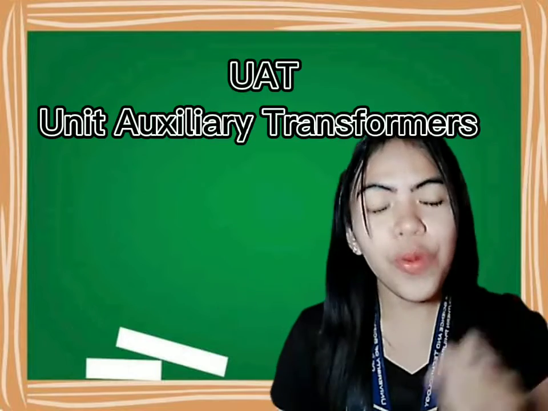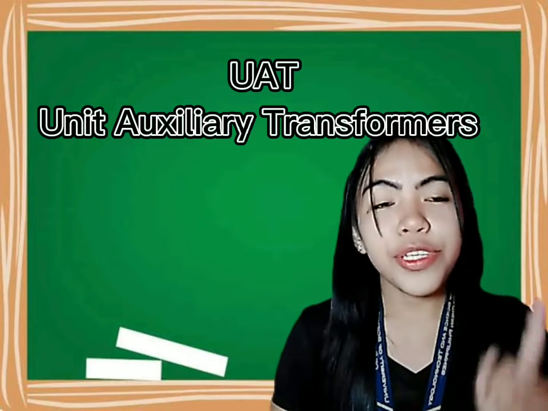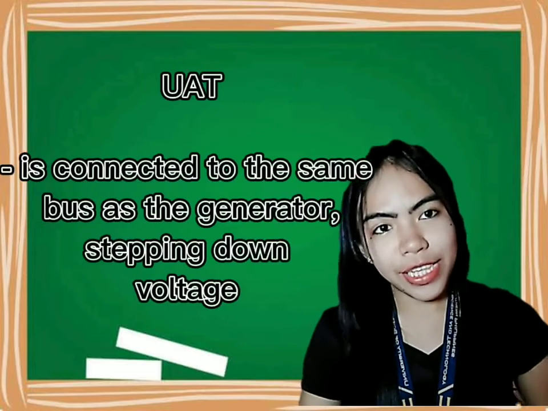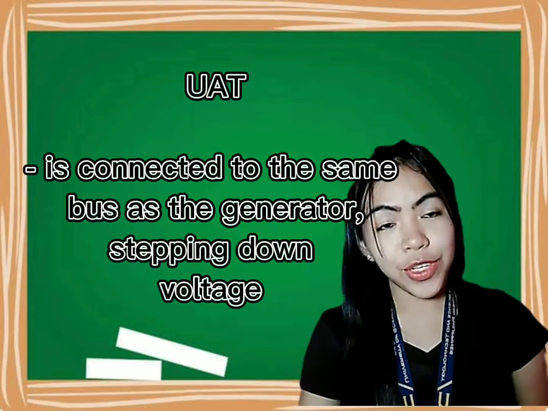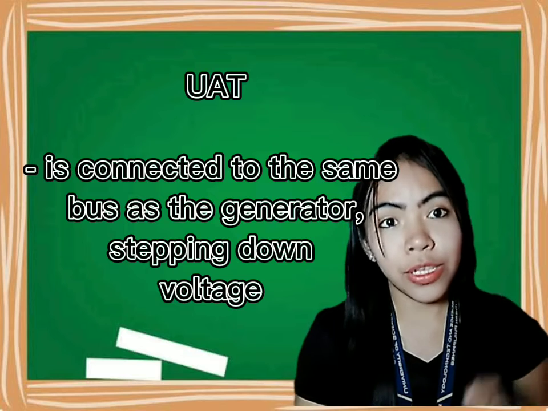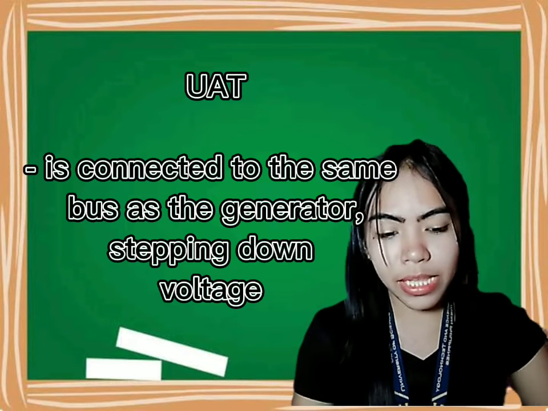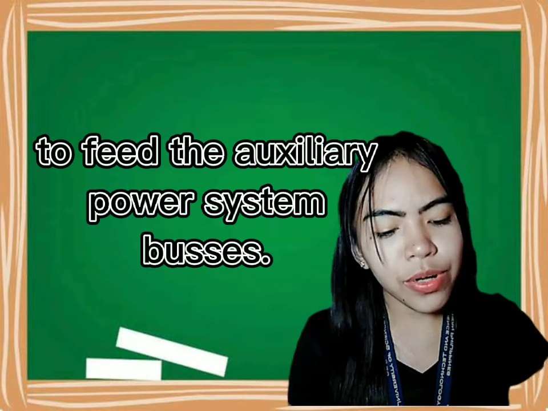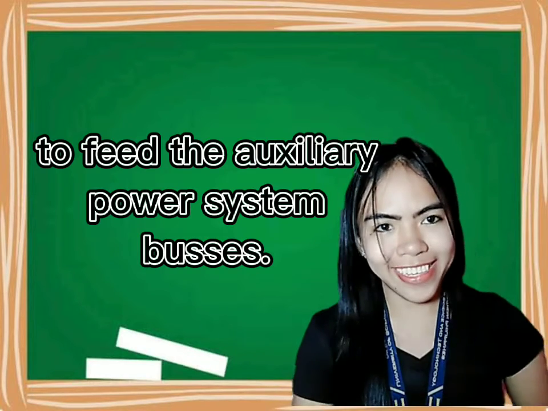We have the UAT, or Unit Auxiliary Transformer. The UAT is connected to the same bus as the generator, stepping down voltage to feed the auxiliary power system buses. So that is the UAT, or Unit Auxiliary Transformer. Always bear that in mind.